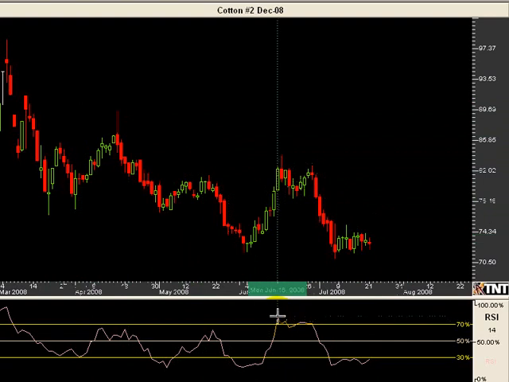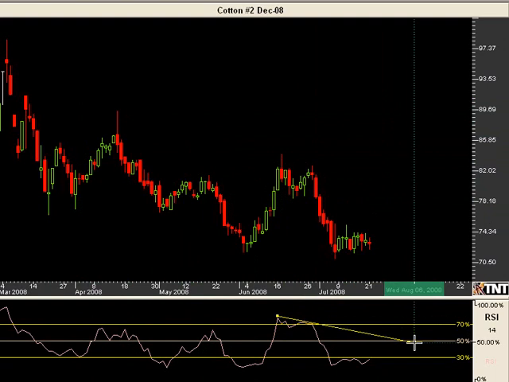I would take the peaks on the RSI indicator and I would draw a trend line across there. Now traditionally, you will get 3 bounces off of an RSI trend line. More often than not, the 4th attempt will break through instead of bouncing. This isn't always the case, but usually you will see a bounce.